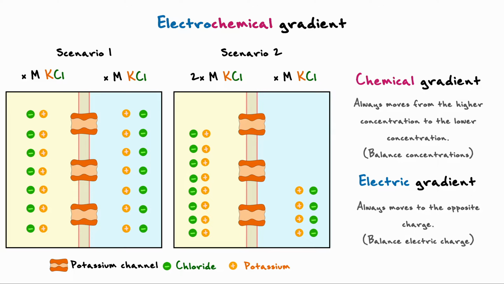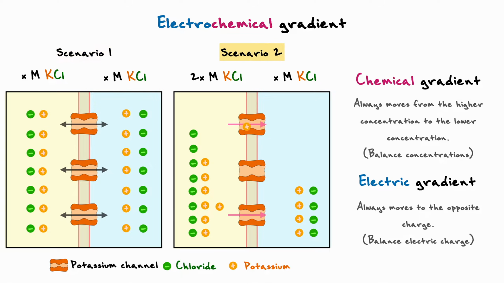In some way, we can say that for ions, their ideal situation is to be equally as concentrated on either side and also to be electrically neutral as a system. This ideal situation is exactly what is depicted in the first scenario, where there is no imbalance in either charge or concentration, so even though the potassium ions can cross the membrane, there is no net change in charge or concentration.